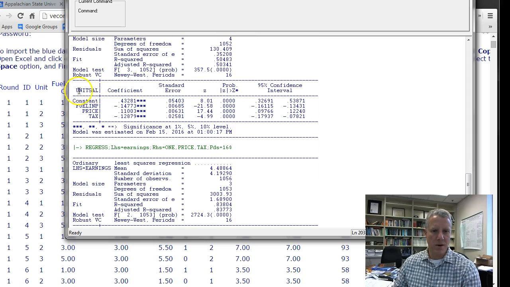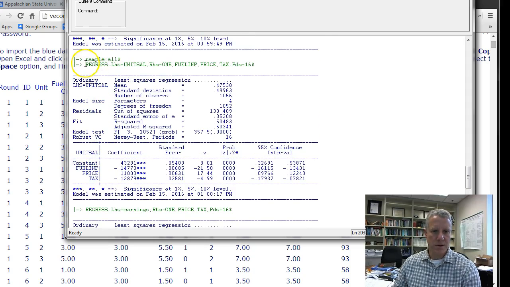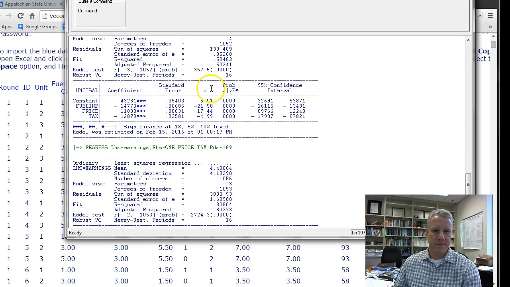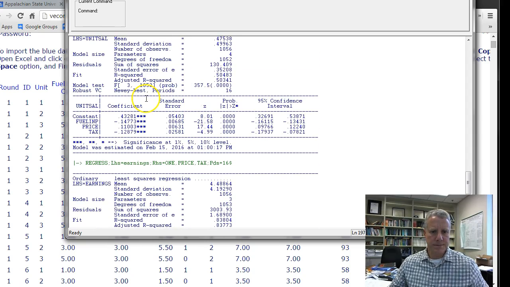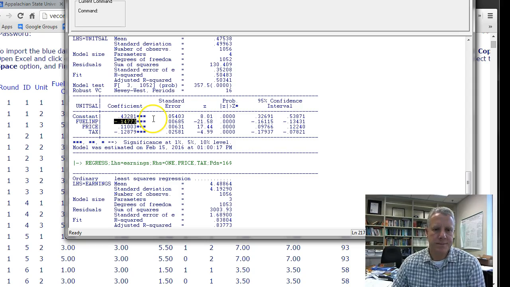Okay, so here's our model where unit sales, so I regress unit sales on a constant, the fuel input cost, the price, and the tax treatment. So this is the linear probability model. So as the fuel input cost goes up, you're less likely to produce the good. For each $1 increase in the fuel input cost, the probability that you'll produce the good goes down by 15%.